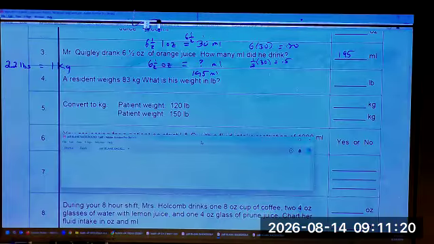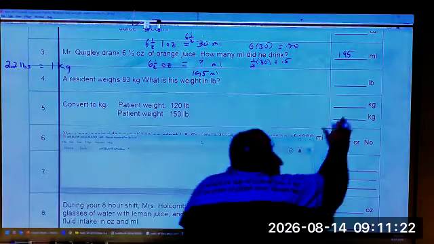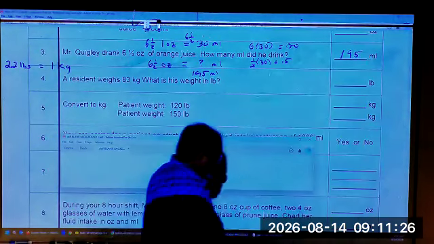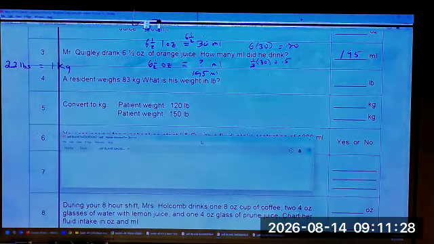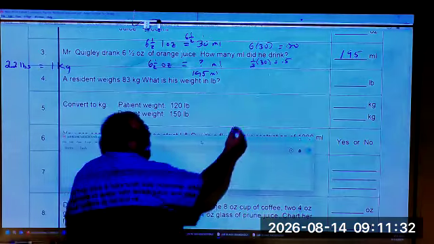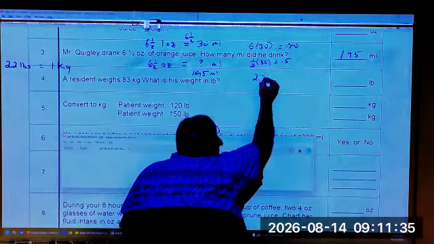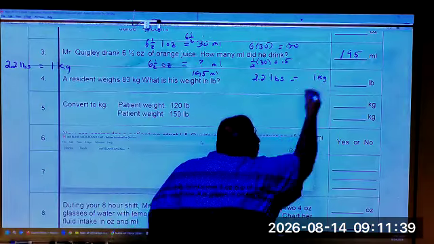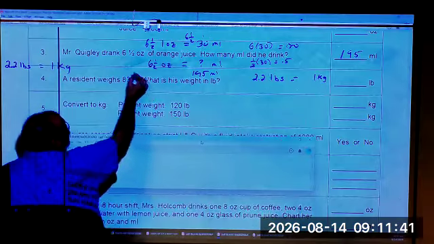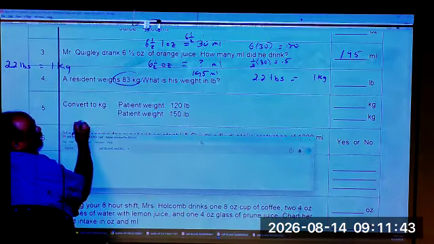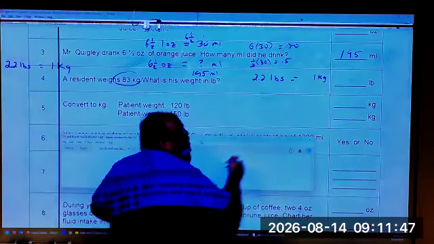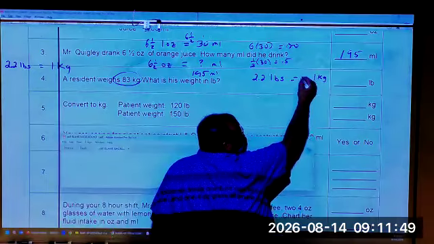So if we have 1 kilogram equals 2.2 pounds, and we want to convert 83 kilograms, multiply by 83.